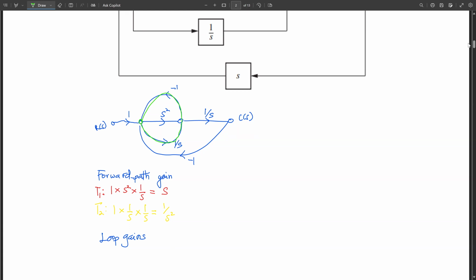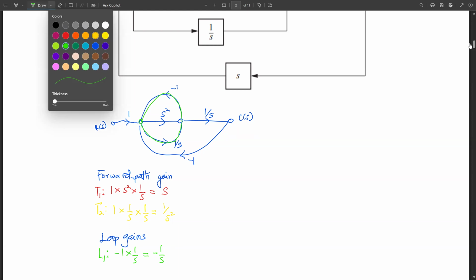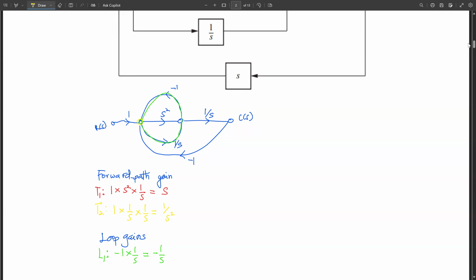So L1, the loop gain associated with this loop, is just going to be minus 1 times 1 over S. And it gives me minus 1 over S. Now, the second loop I can identify is simply I start from here, the same node.